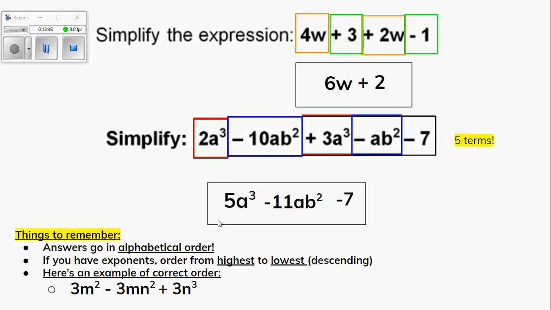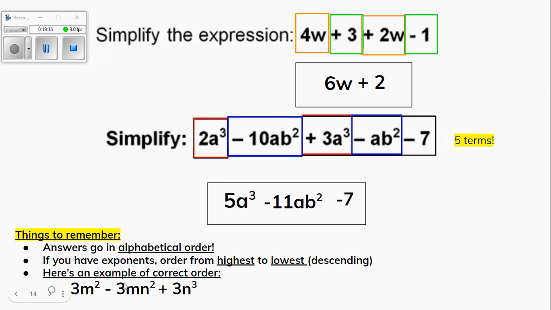And then look at the example I have down at the very bottom of this slide, y'all. Do you see how I have exponents and I have different letters? Notice that the M comes before anything with N, so alphabetical order always wins. So M, anything with M, and then N. So the M all by itself, the M transitioning with N, and then N comes afterwards.